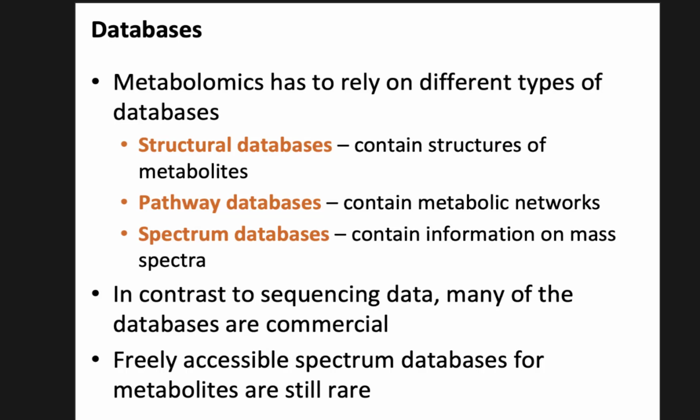We have structural databases that fundamentally store the structure of the metabolites. We have pathway databases that relate how these metabolites are involved in a biological network, in enzymes, and we have spectrum databases that contain actual mass spec data for each of these metabolites.